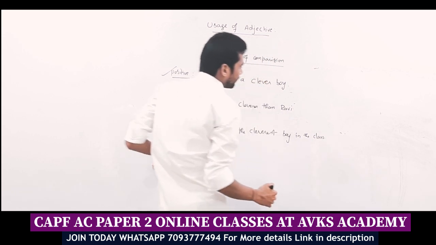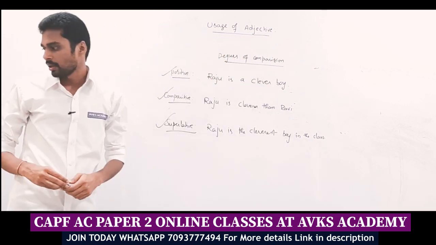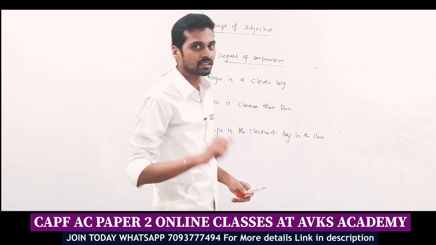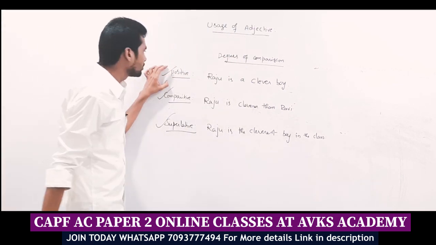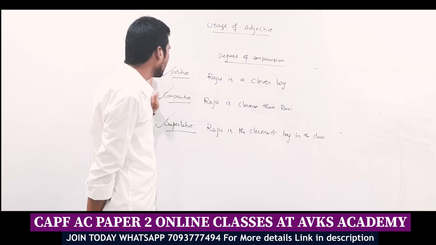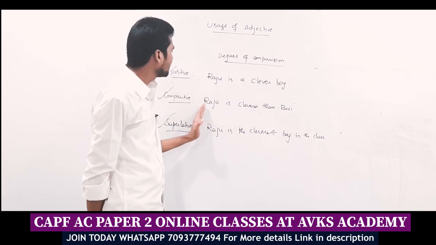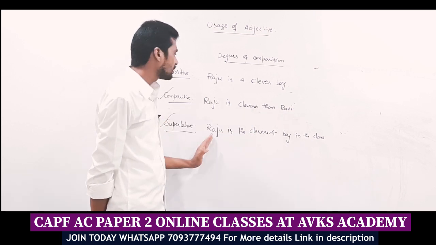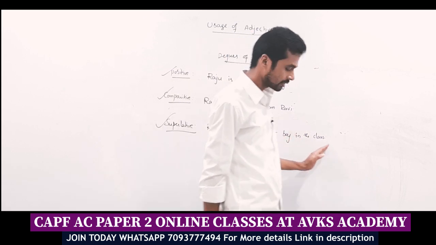I'm giving examples based on simple structures. Positive degree: Raju is a clever boy. Comparative degree: Raju is cleverer than Ravi. Superlative degree: Raju is the cleverest boy in the class.